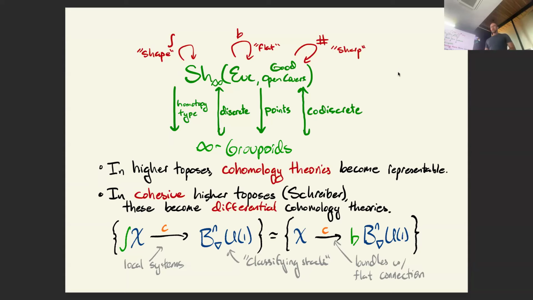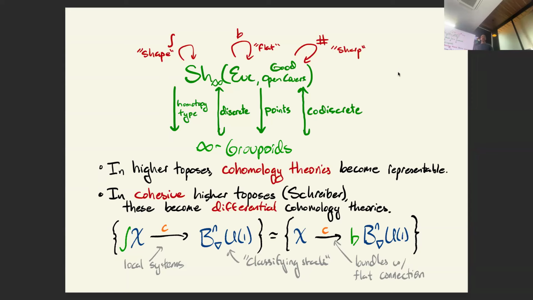This is an observation due to Urs Schreiber: if you take the infinity topos of sheaves of homotopy types on Euclidean spaces, we still have these four adjoints, where now we can take the infinity groupoid of points of our space, and include it discretely or co-discretely back in. But where before we had to take the set of connected components, now we can actually take the homotopy type of our space. And that becomes the furthest left adjoint.